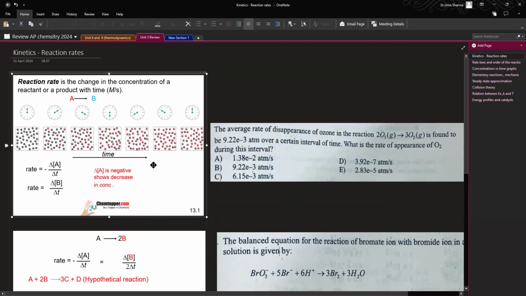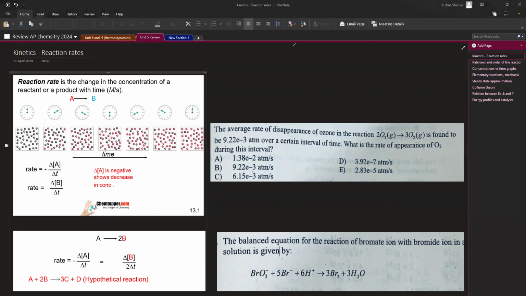Ready? Okay. So first of all, what is the meaning of kinetics? Kinetics means motion. And how am I using this motion in chemistry? In chemistry, it is rates of reaction. What's the meaning of rates? Rates means how fast or slow a reaction is.